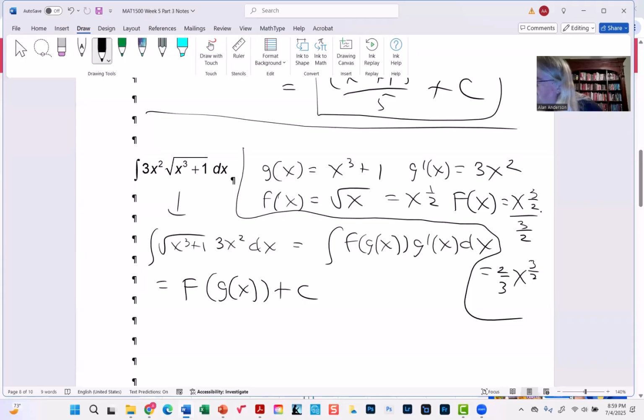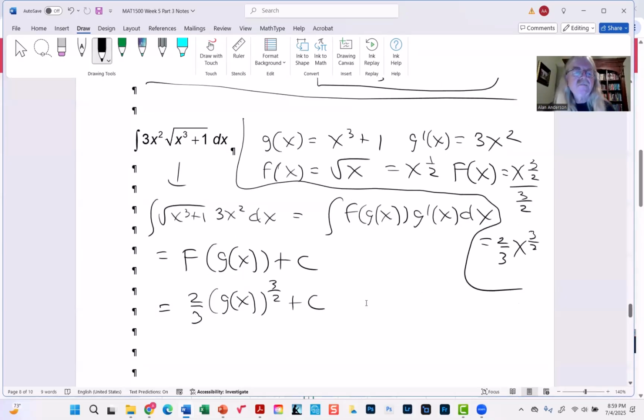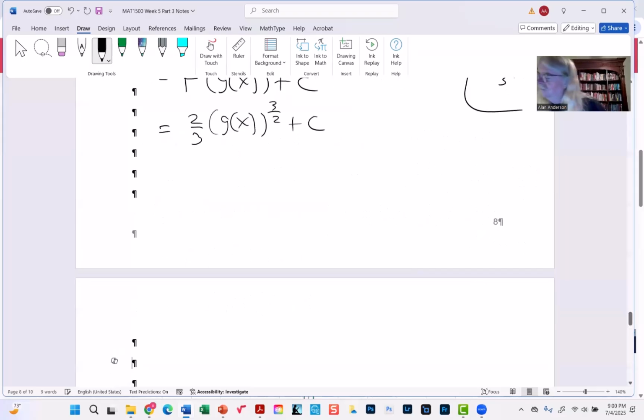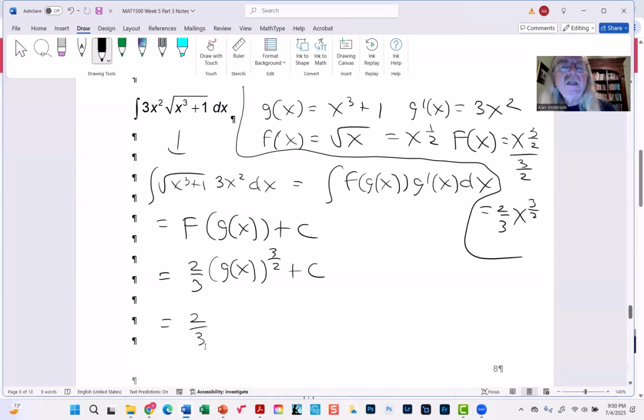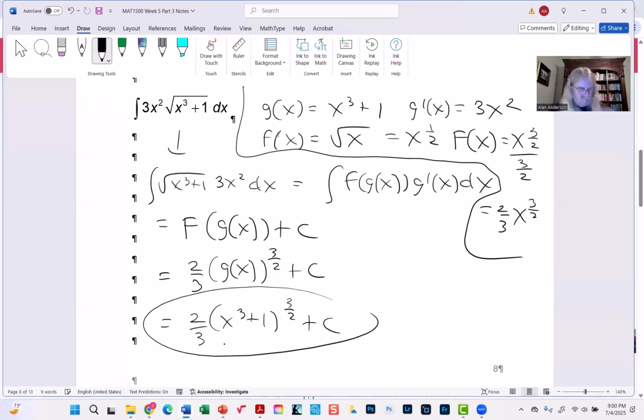So you're going to have here, instead of 2/3 x to the 3/2, it'll be 2/3 g of x to the 3/2 plus c. And remember, we define g of x as x cubed plus 1. And there you go.